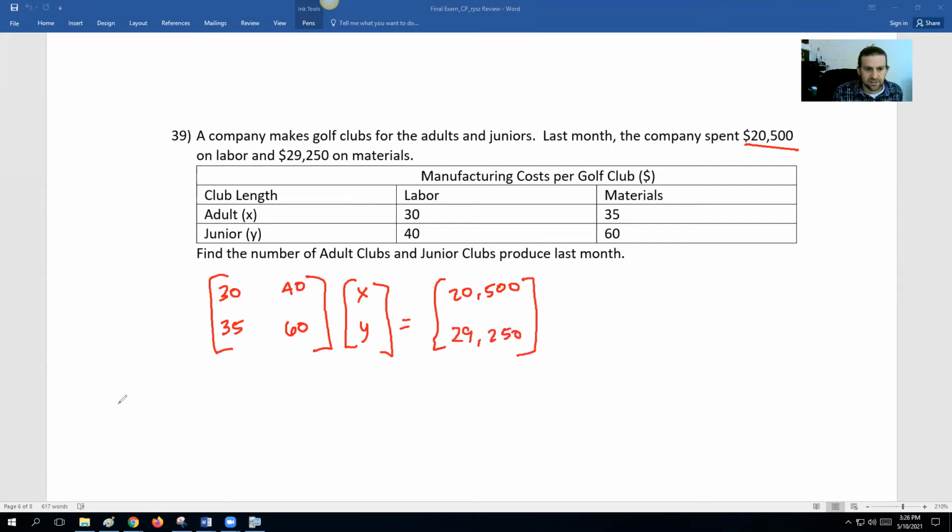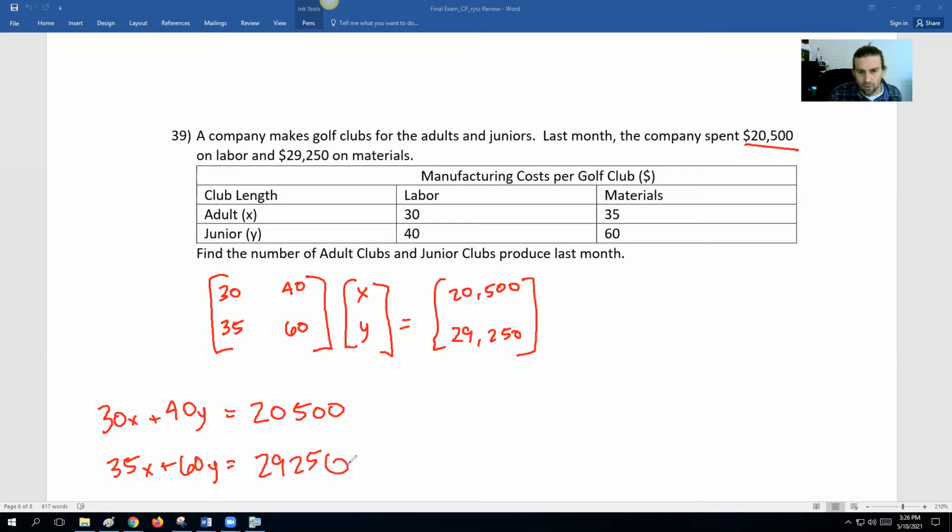So we can set up a system of equations: 30x plus 40y equals 20,500, and 35x plus 60y equals 29,250. Or we can solve by using matrices.